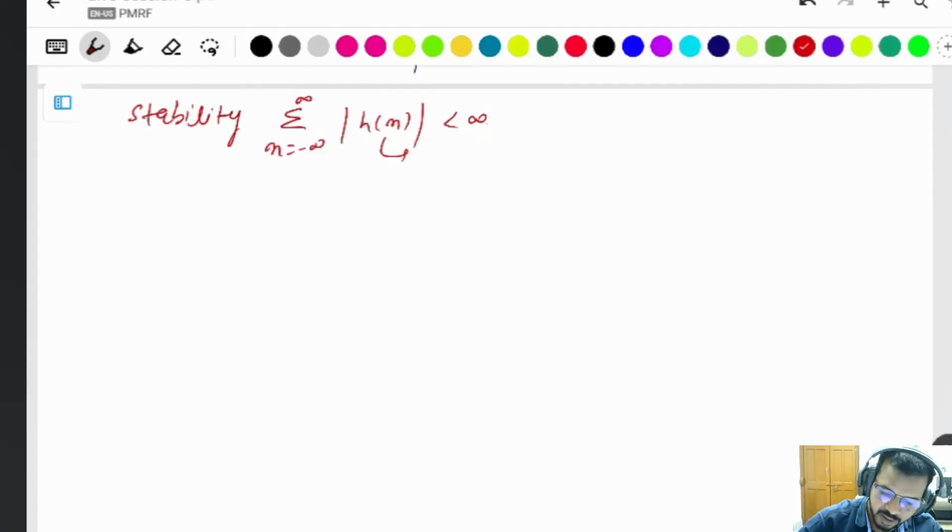How to find the causality and stability?